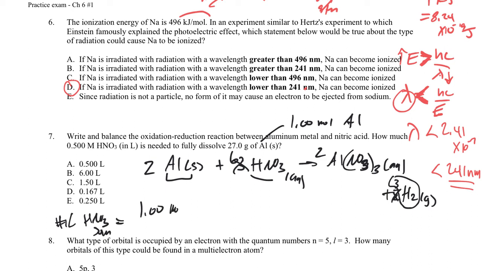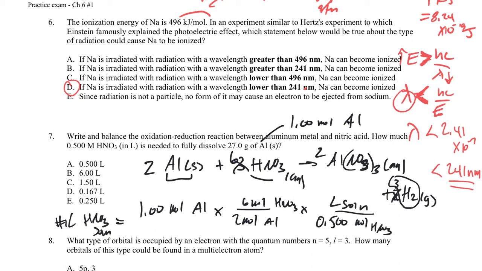I start with my 1 mole of aluminum. For every 2 moles of aluminum that are present, I need to add 6 moles of HNO3. And the HNO3 solution is half molar, so I have 0.500 moles of HNO3 per liter of that solution.